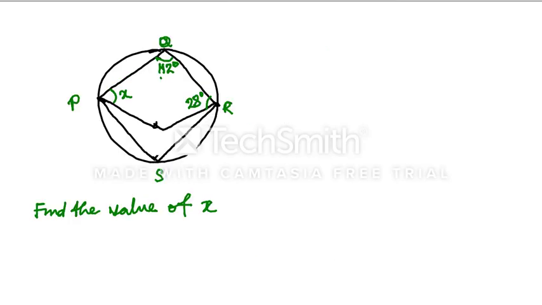Okay, so we are supposed to find the value of x in this diagram. There are several ways we can solve this, but we can solve it simply. We know that twice angle PQR is the reflex angle at this end. So redrawing the diagram, we just solve it in this way. Let me create a space for my solution.